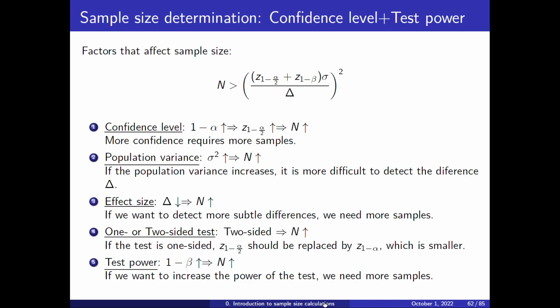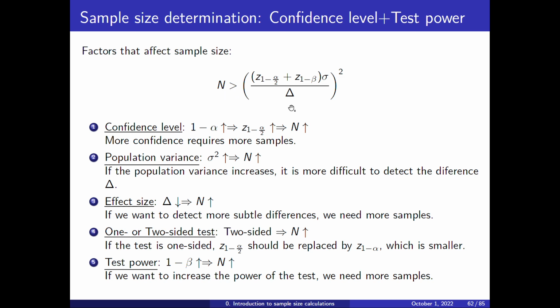So how does it go now with the statistical power? The new term is this one, statistical power. If you want more power, it means higher z values, so you will need larger sample sizes. And again, the dependence is quadratic. As a summary, if you want to stop the machine with very low probability of false positives and false negatives, then these two numbers will be high and you will need a larger sample size.